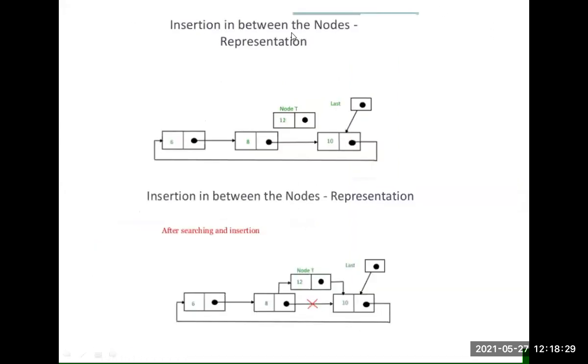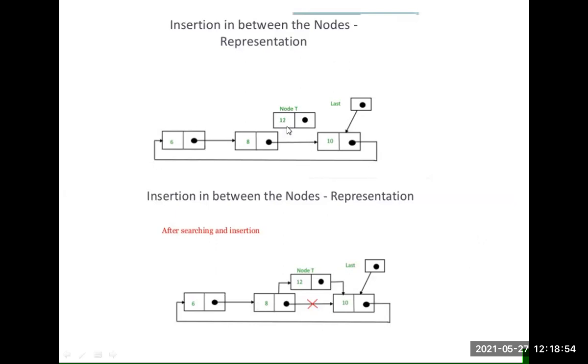So if you want to insert in between the nodes, you have to give the position where you have to store that node, or if you want to set the data in the list, you have to store it there.